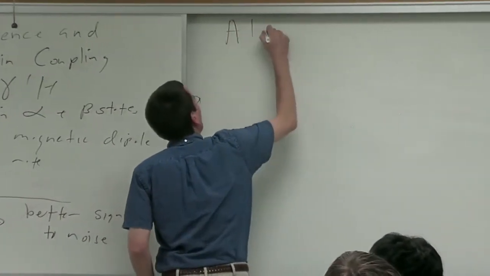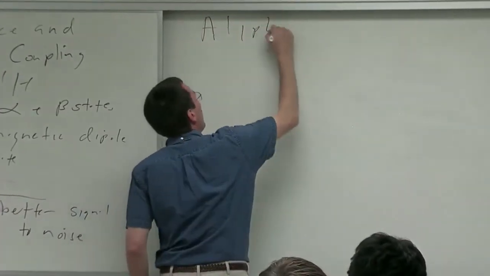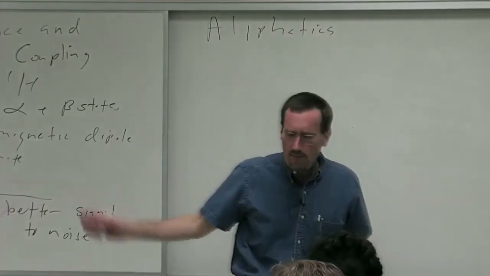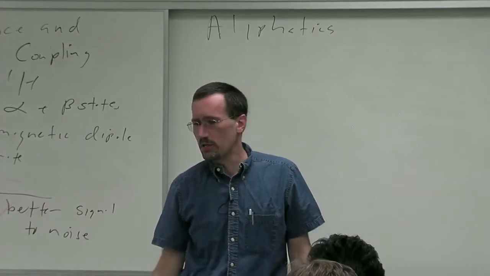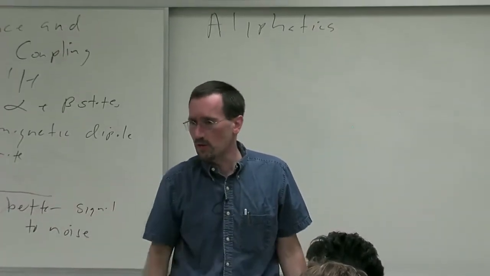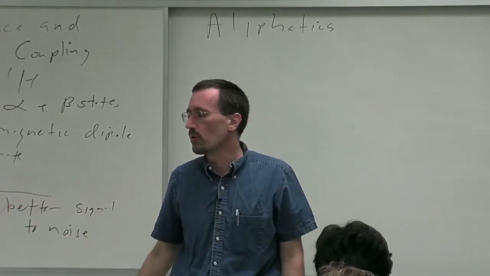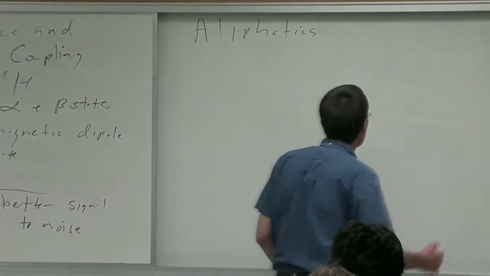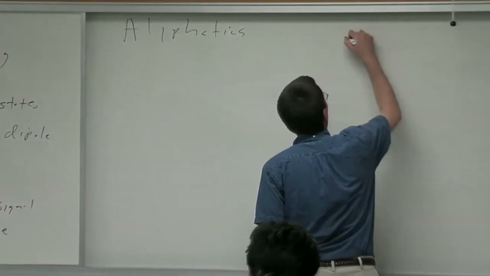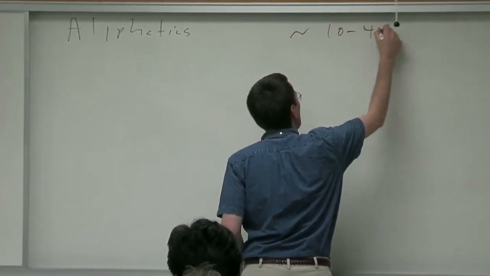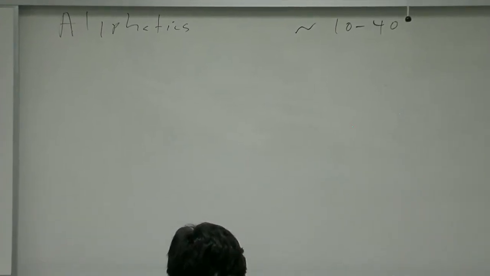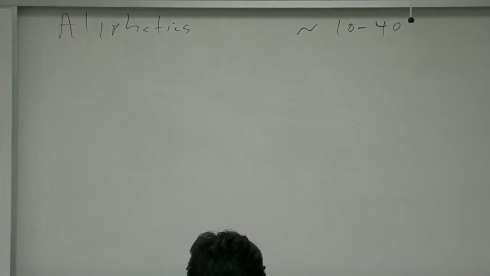I want to talk about where the peaks show up. The carbon NMR spectrum has a big range, typically from about 0 to about 200 or 200 and change parts per million, 220, 240 parts per million. Aliphatics show up at about 10 to 40, so on that big range, that's in the upfield region.